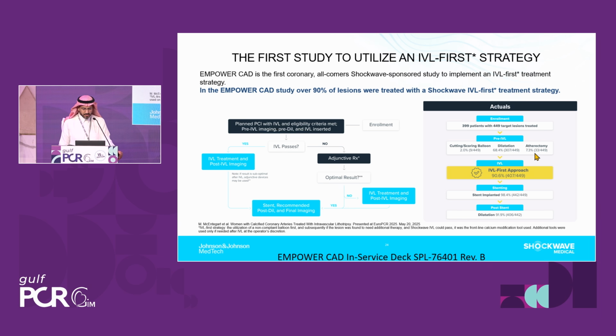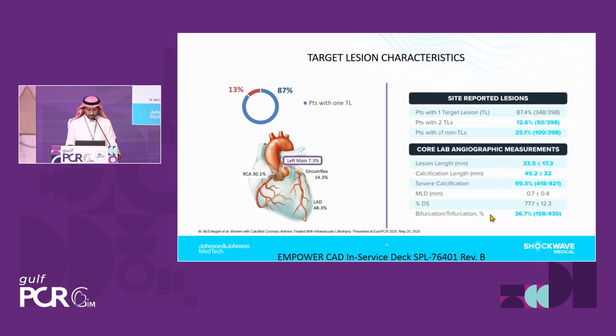Less than 10% had atherectomy used, and then the IVL-first approach was in 90% of the cases, 407 out of 449, and stent was implanted successfully in 98% of the cases, and dilatation in 92% of the cases.